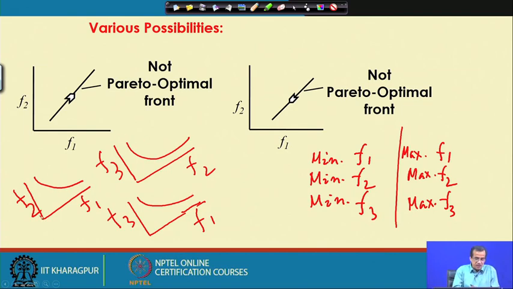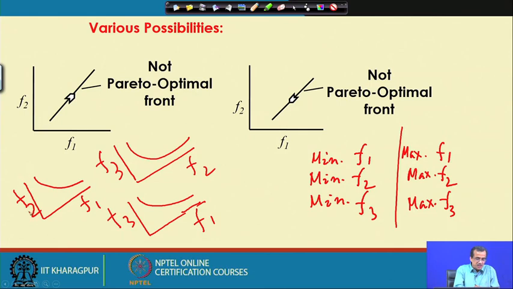These 3 Pareto optimal fronts I will have to superimpose just to imagine what should be the Pareto optimal surface. As there are 3 objectives, I will have to visualize the Pareto optimal surface.